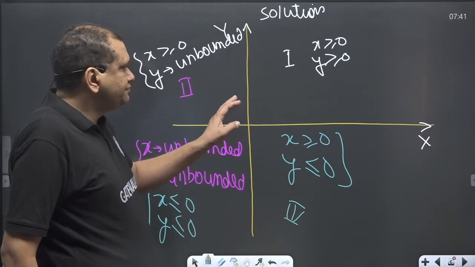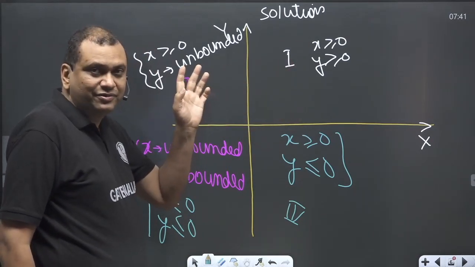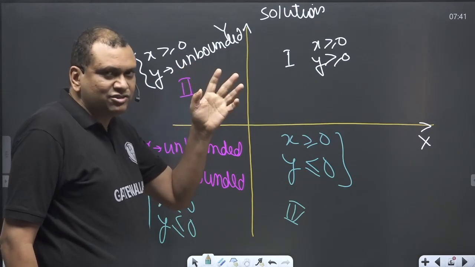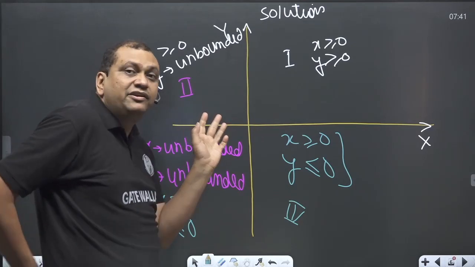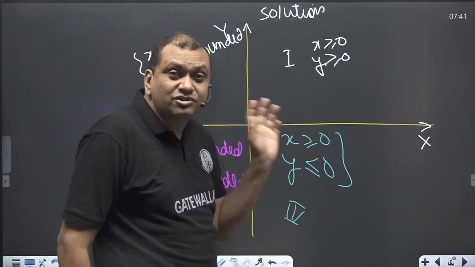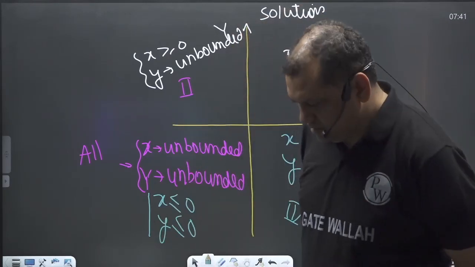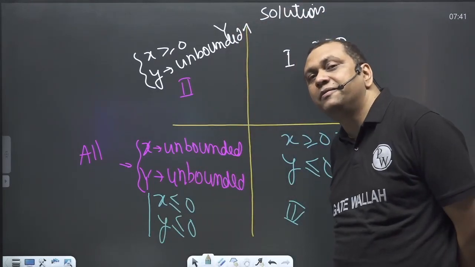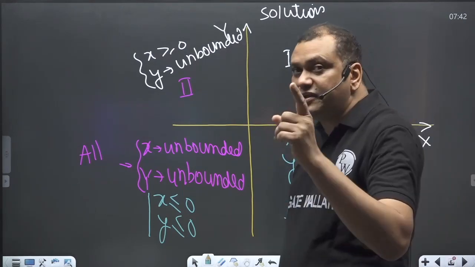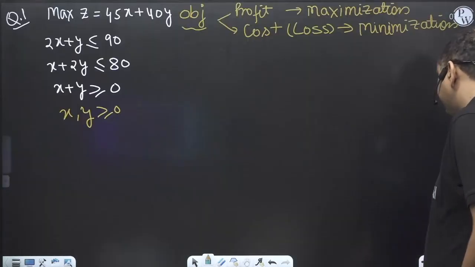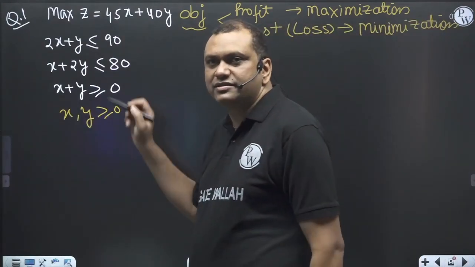But when these constraints are not given to you, means x is also unbounded and y is also unbounded, it means your solution can lie in any one of the four quadrants. So it's very, very important information. That is the reason I told you to see this very, very carefully.